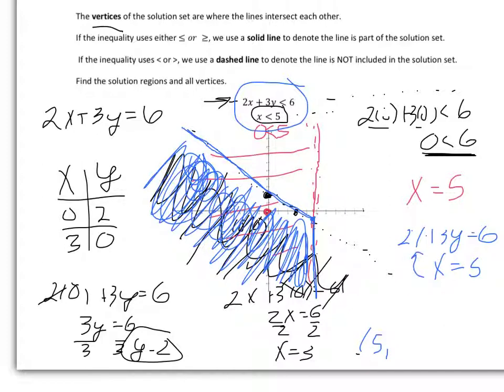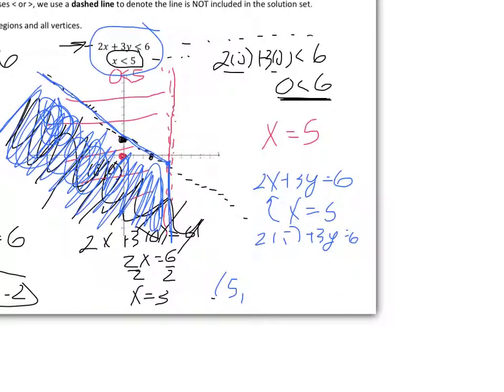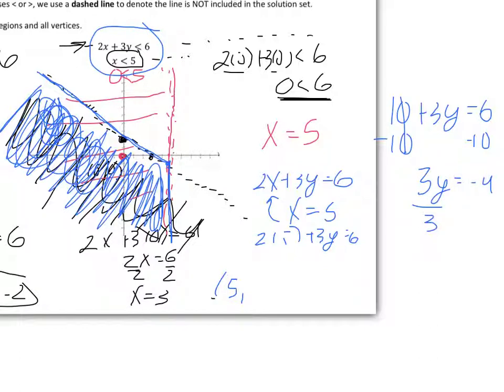We can say 2 times 5 plus 3y equals 6. 2 times 5 is 10, so we have 10 plus 3y equals 6. Subtract 10 from both sides, so we get 3y equals negative 4. Divide by 3, and y equals negative 4/3. So x equals 5, y equals negative 4/3.